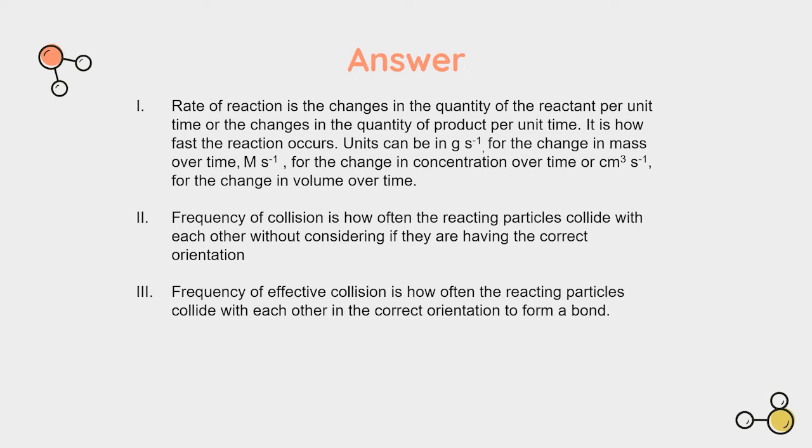But if they don't have the correct orientation, they will not be able to form a bond. The frequency of effective collision, on the other hand, is how often the reacting particles collide with each other in the correct orientation so they can form a bond.